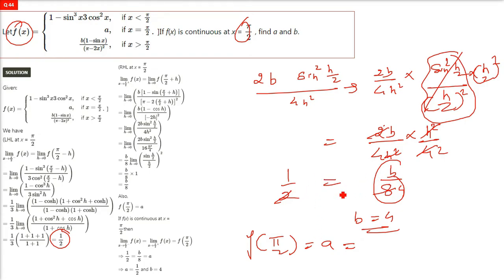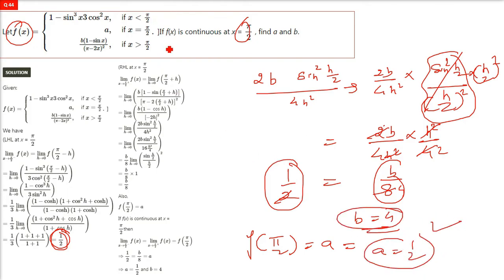This is how a is half and b is 4. See, in order to solve all these questions, you need to recall or remember this trigonometric relationship a lot, because what we have seen here is a lot of sine cosine things happening.